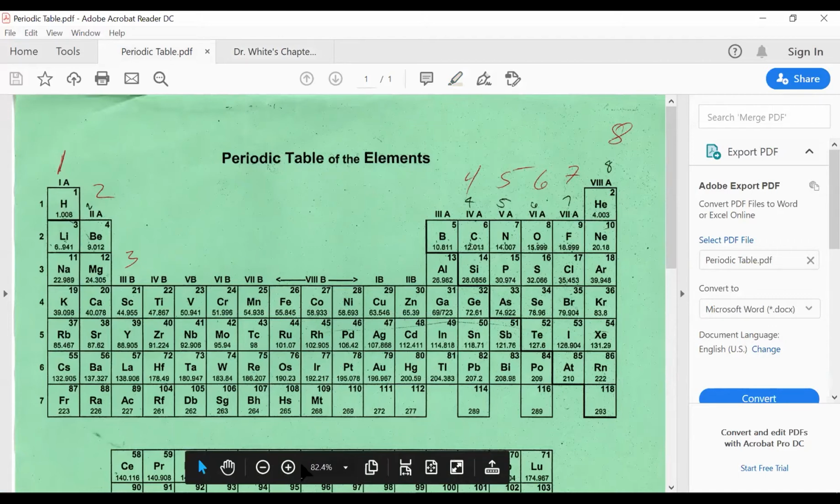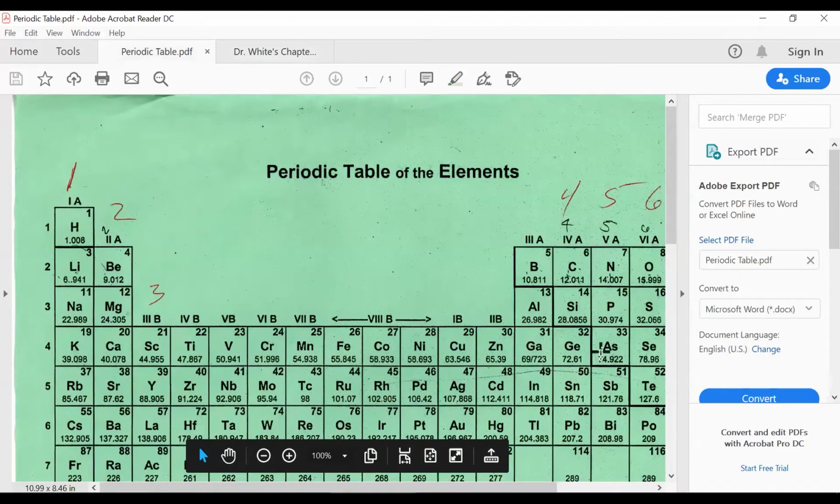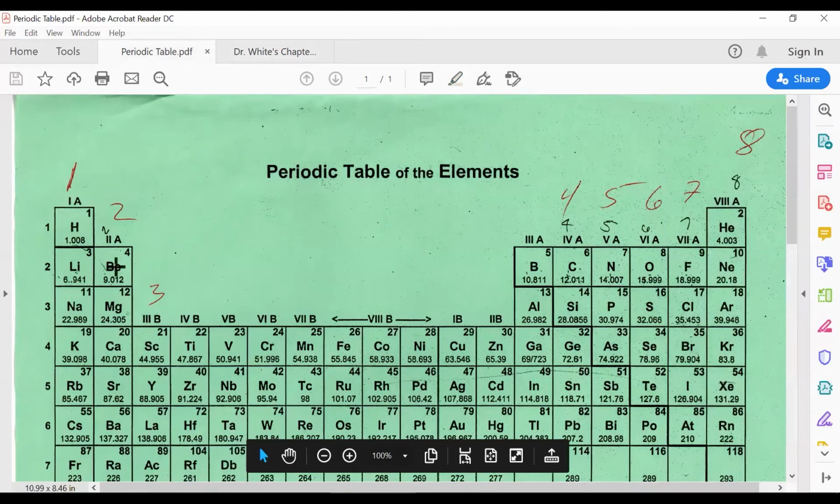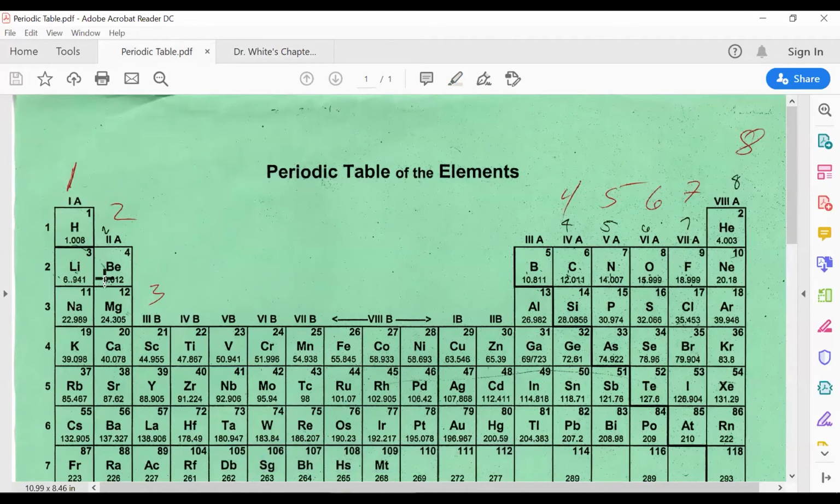So if we look at hydrogen, just to remind you, on the table it's 1.008, but to round that off to use on my test, it should be 1.01. If we look at oxygen, it's 15.999. That rounds off to 16.0. I'll let you figure out what sulfur should be.